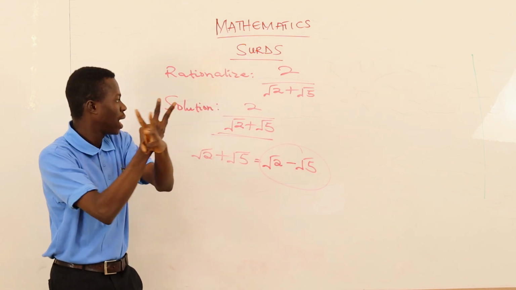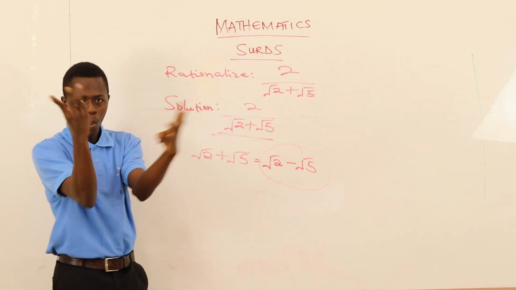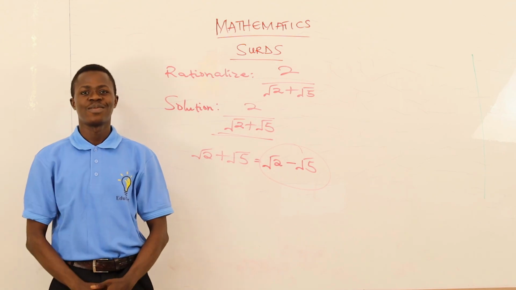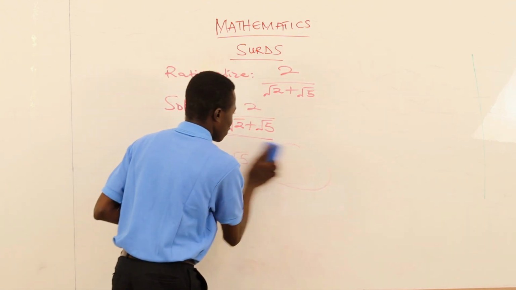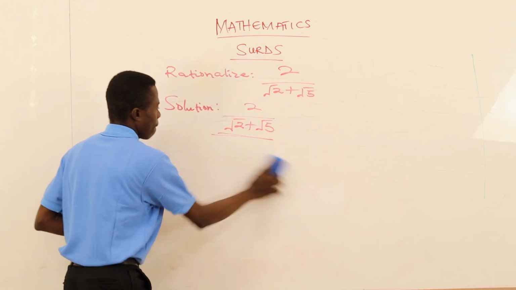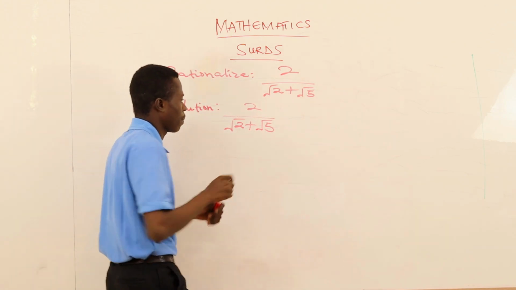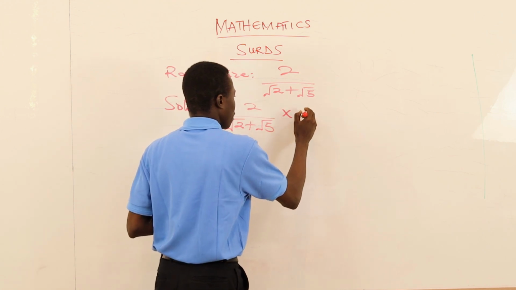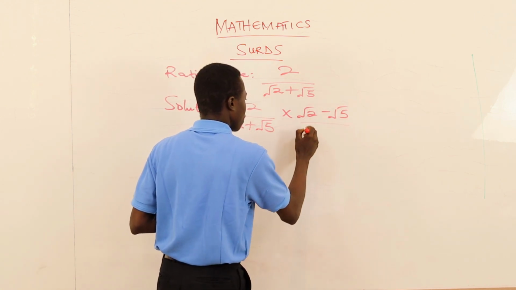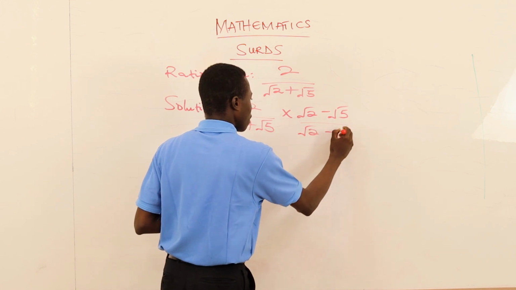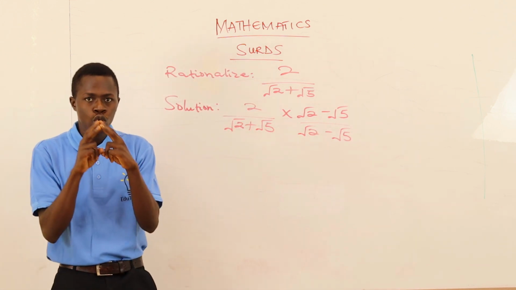So we pick the conjugate surd, then we multiply it by the numerator, and we do the same for the denominator. Okay, so let's see how it's done. So we are going to multiply it by square root of 2 minus square root of 5 divided by square root of 2 minus square root of 5.